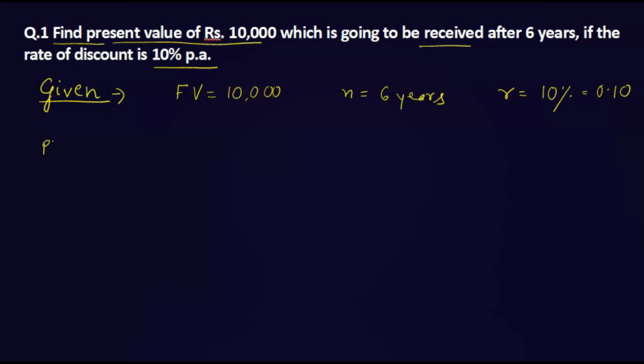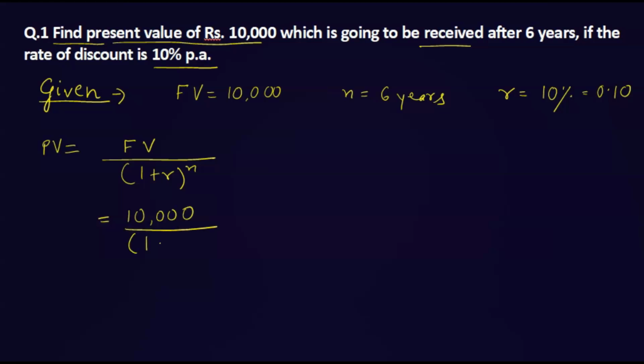Now for finding present value, we have the formula: future value divided by (1 plus r) to the power n. We have all three values, so just put them in the formula. Future value is 10,000 divided by (1 plus 0.10) to the power 6. See, all three things are given yearly.